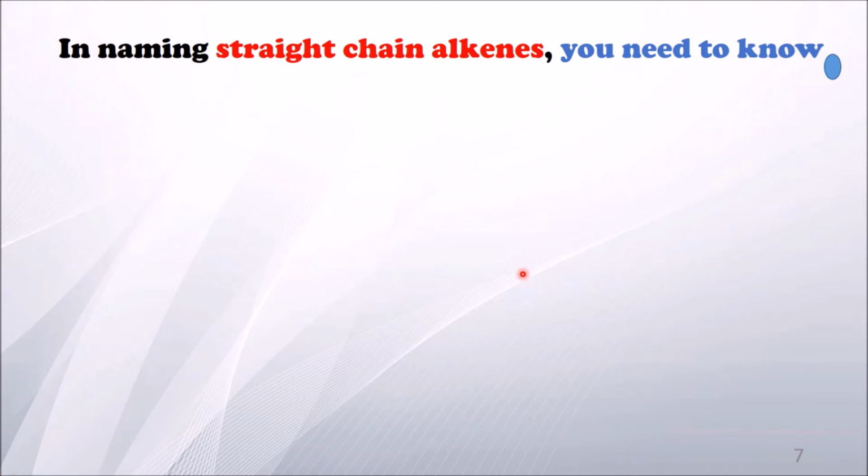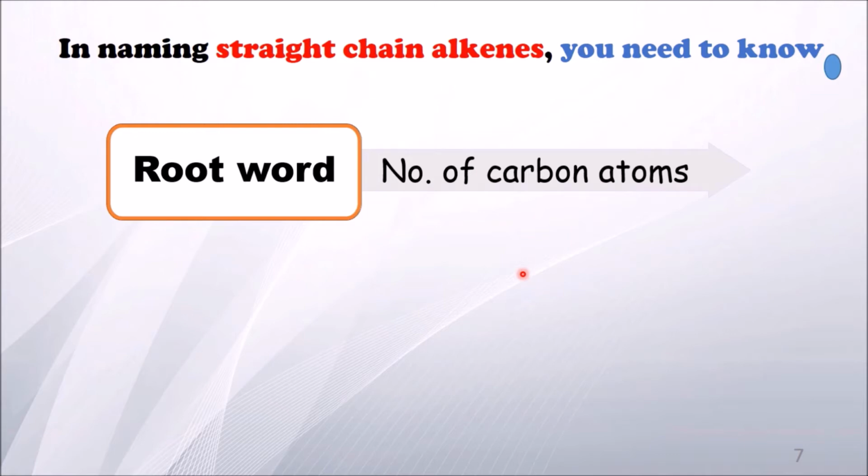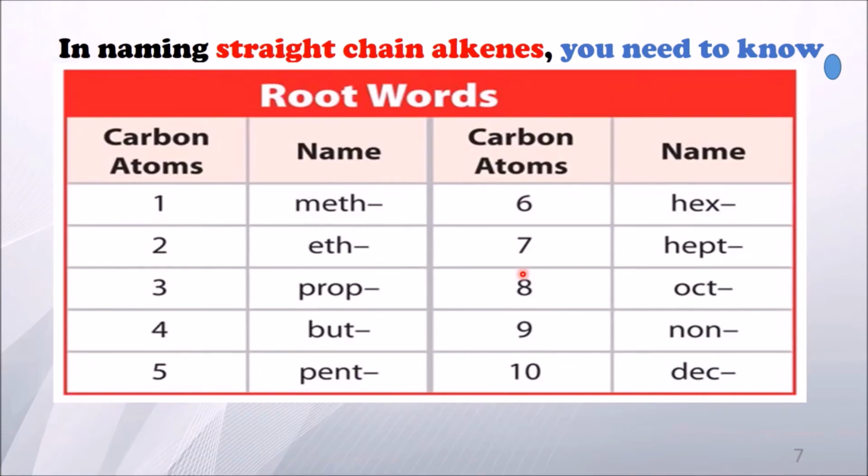Alright, so when we're naming straight chain alkenes, you need to know first of all the root word, and then the root word always depends on the number of carbon atoms in the compound. So here are examples of root words that we'll be dealing with.